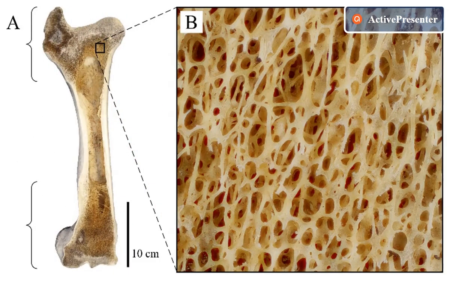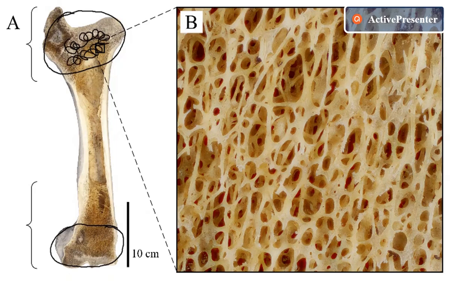So here is the inside of a bone, and as you can see up here is the end of the bone, the epiphyses. Here's an end of a bone down here, an epiphyses, and this is all spongy in here. And this is what it looks like in a micrograph.